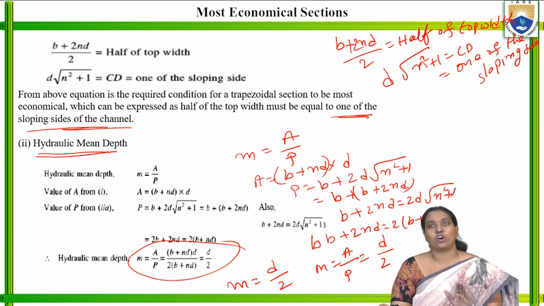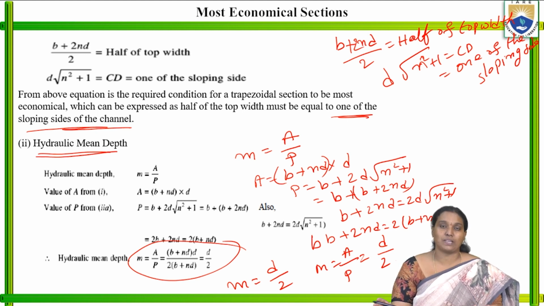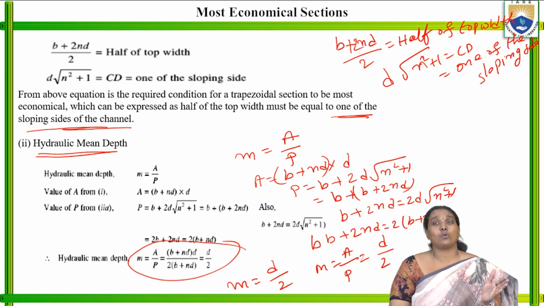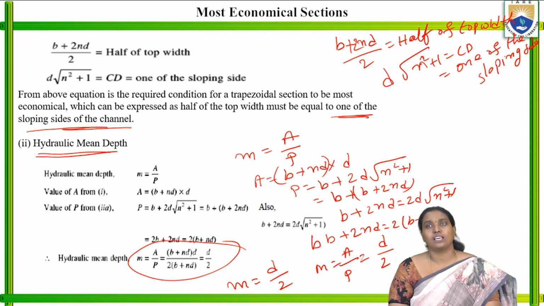Here for trapezoidal channel section we have two conditions. The one is, for the trapezoidal channel section to be most economical, half of the top width must be equal to one of the sloping sides of the channel, and the second one is that the hydraulic mean depth is equal to half of the depth of the flow.